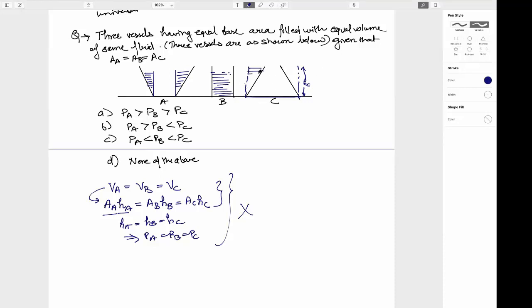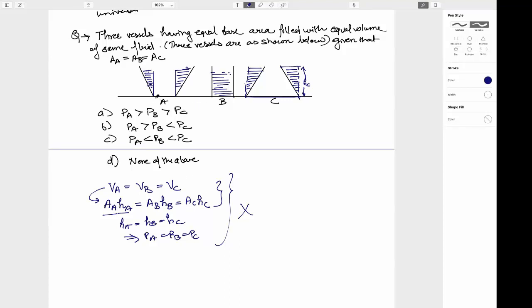So what about this? This is removed from this, so this extra volume is coming here. This extra volume we are not taking. But in this case, it is correct. So this is not the correct way of doing this question.